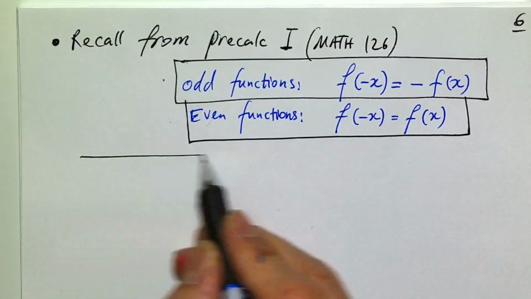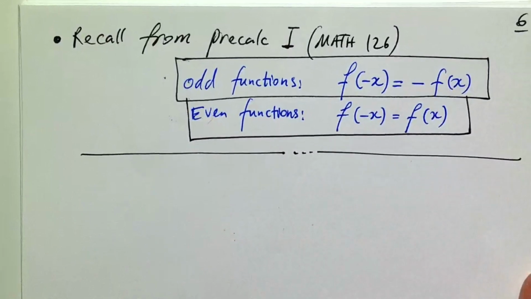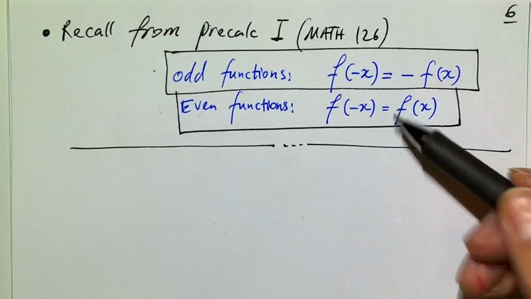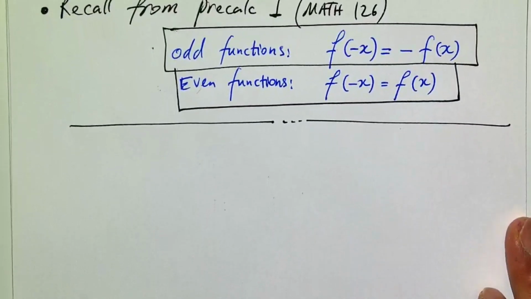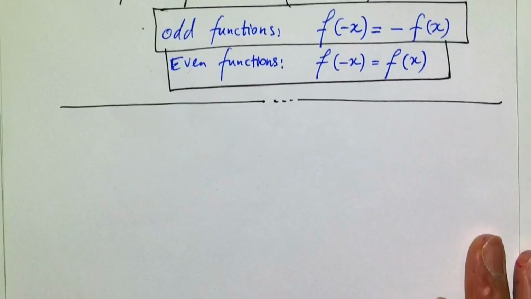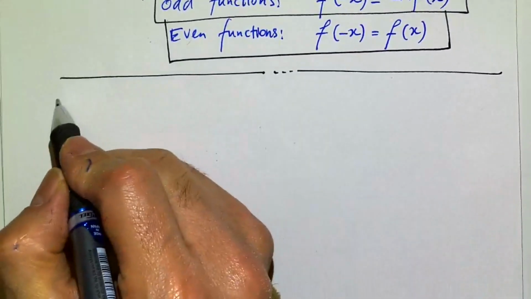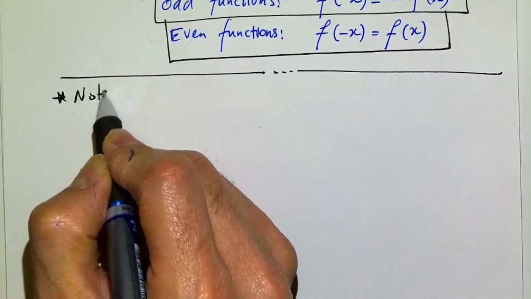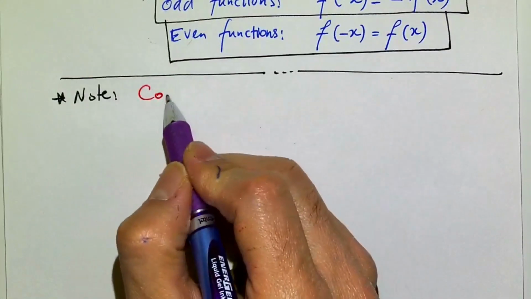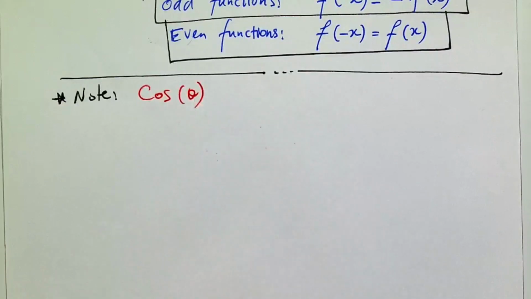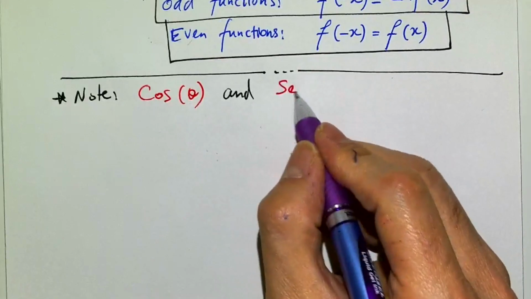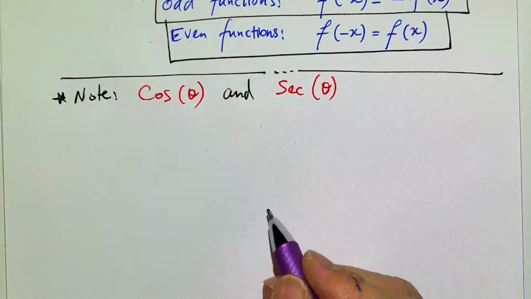The other thing that I want to make a note of, now we want to connect this to trigonometric stuff, right? Which functions are odd, which functions are even. So let's connect them to trigonometry. So the cosine function, cosine of theta, and secant function, secant of theta.